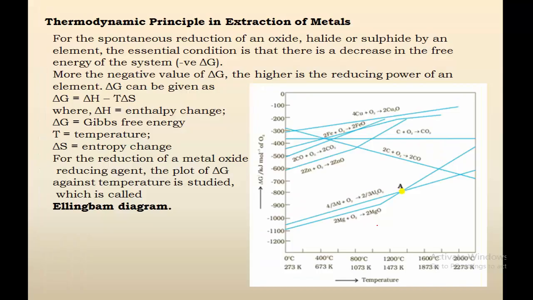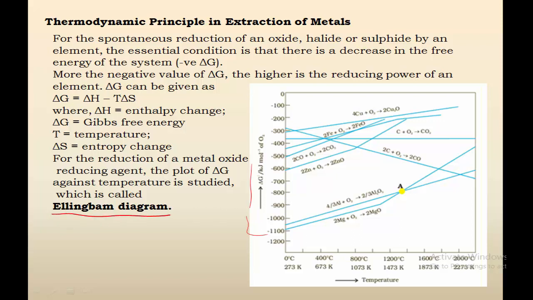The next topic is the thermodynamic principle in the extraction of metals. This can be explained with the help of a diagram. You can observe here, this is the diagram, and it is known as the Ellingham diagram.